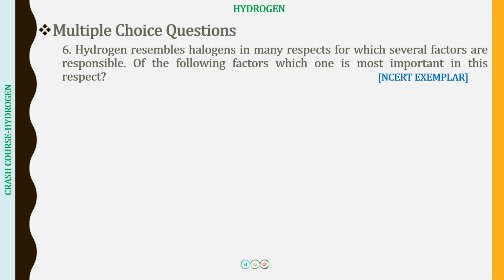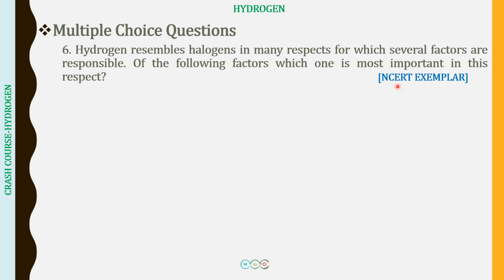So the sixth question, as you can see, has been asked in the NCERT exemplar. Here I would not miss telling you that the NCERT exemplar and the NCERT textbook are very important for you. Please do read the NCERT textbook, do solve the back exercise questions of the NCERT book, and also attempt all the questions of the NCERT exemplar.